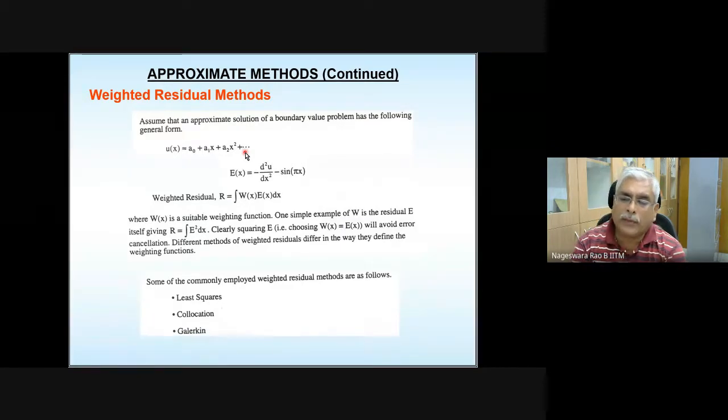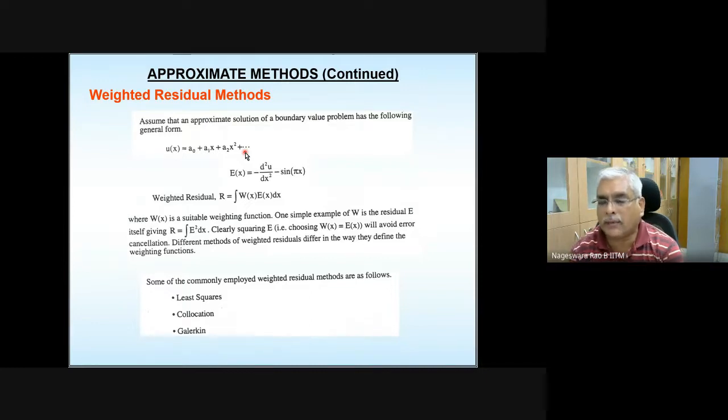If you try to find the expansion of sin x, cosine x, tan x, they're all polynomials. Go back and check if you are not immediately convinced. So instead of the trigonometric approximation, you can start with polynomial approximation, or if you don't like the polynomial approximation, you can start with the trigonometric approximation.